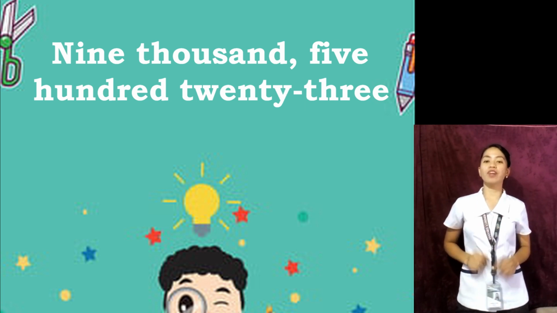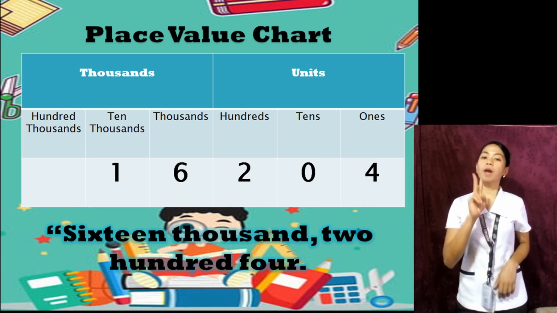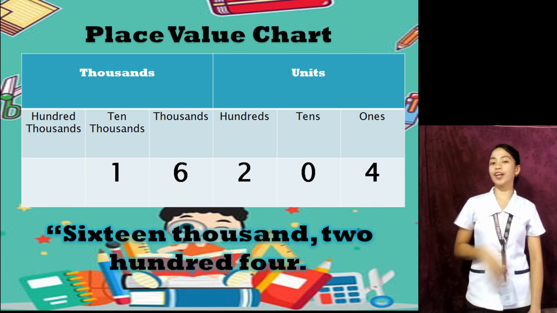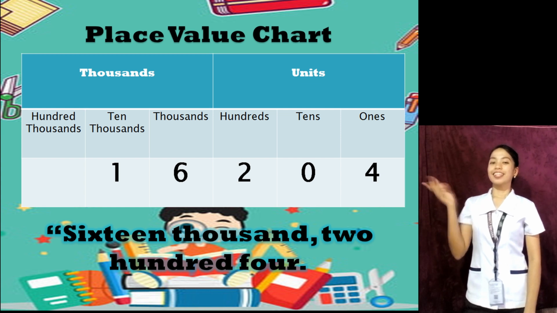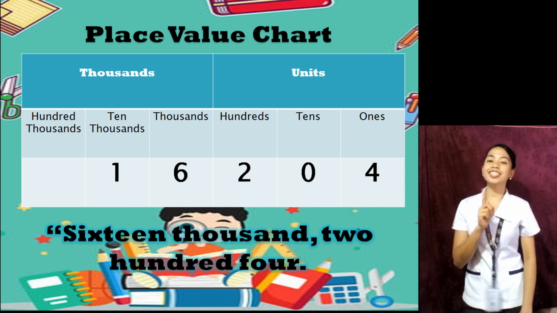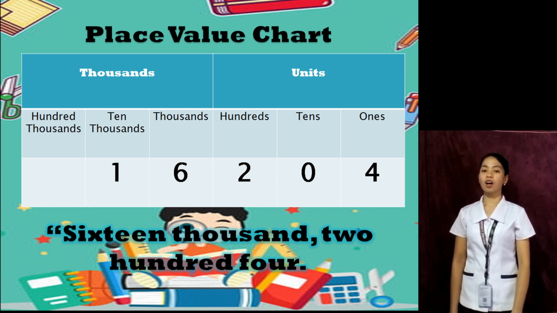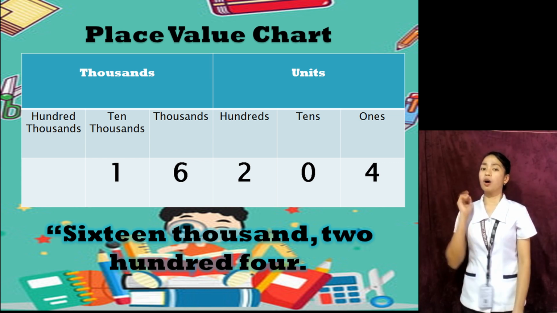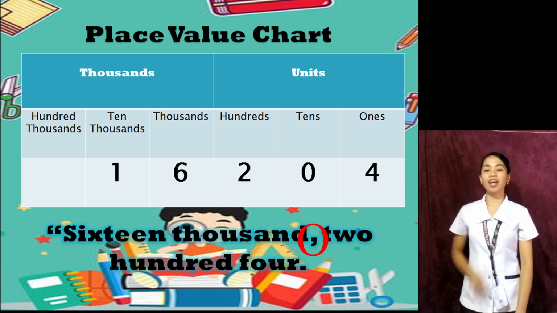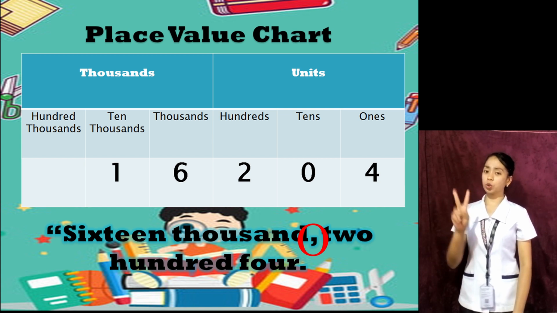Okay, let's have another example. Number 2. The number is read as 16,204. We must insert a comma between 1,000 and 2.